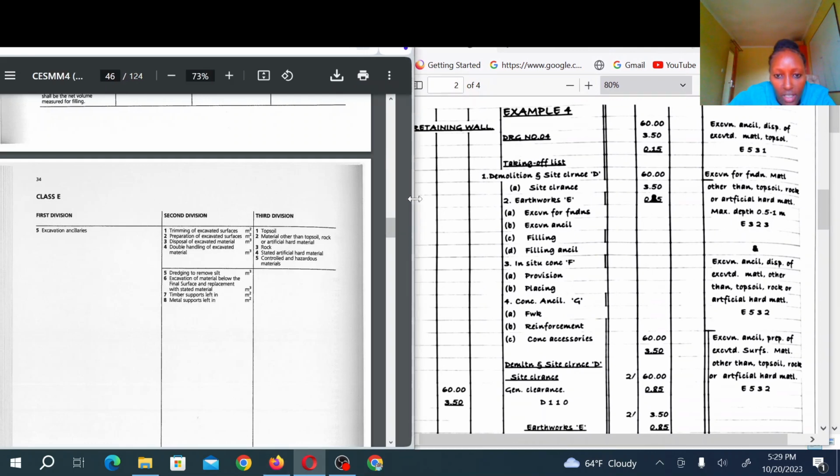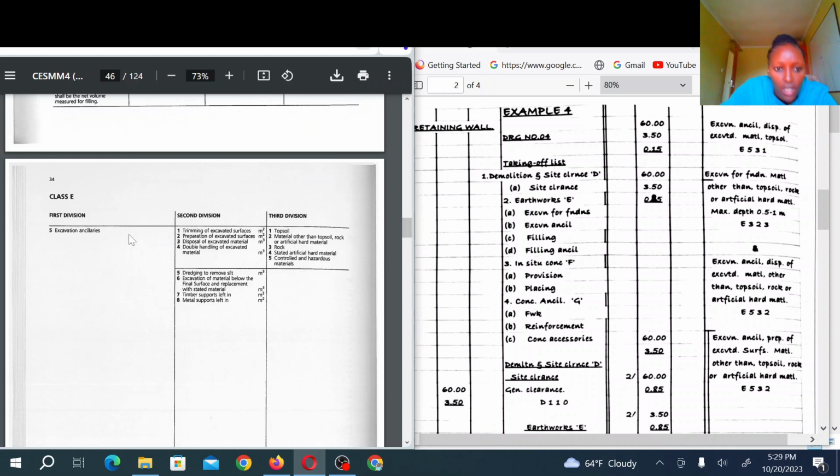The excavation auxiliaries include trimming of excavated surfaces, preparation of excavated surfaces, disposal of excavated materials, double handling of excavated material, dredging to remove seals, excavation of material below the final surface and replacement with stated material, timber support left in, and metal support left in. So in our case, if we excavate for the foundations, that soil should be disposed. So that one will be found in excavation auxiliaries.